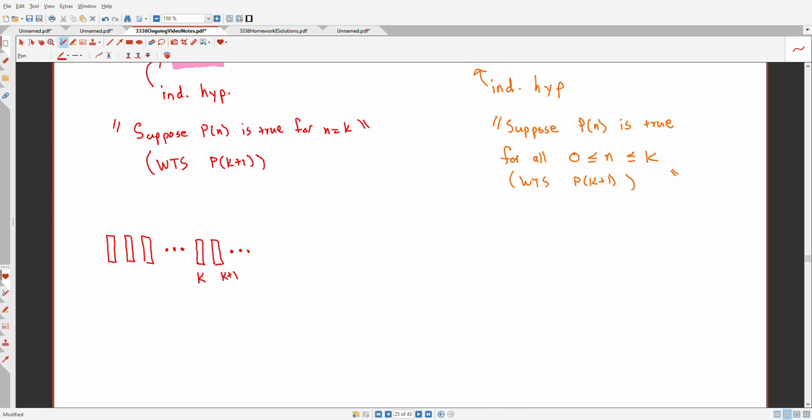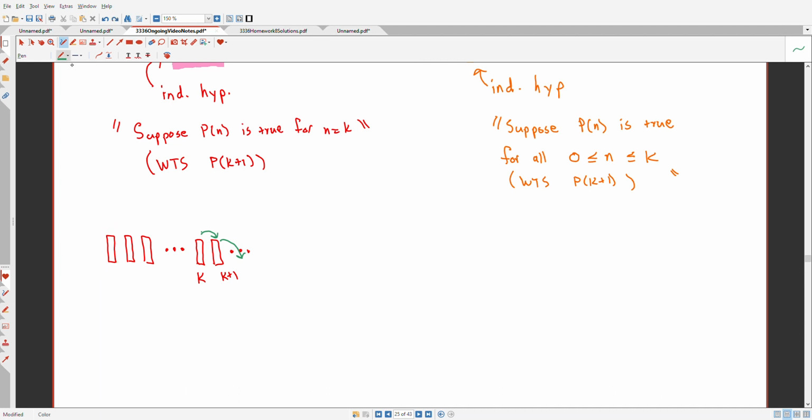Right? And so the inductive hypothesis says, suppose you can knock down domino k, and then you want to prove that knocking down k causes k plus 1 to knock down. That's another way of saying the dominoes are lined up. Right? The base case is saying there's a first domino that we can knock down.